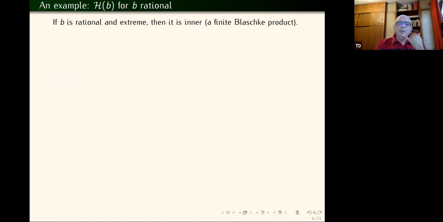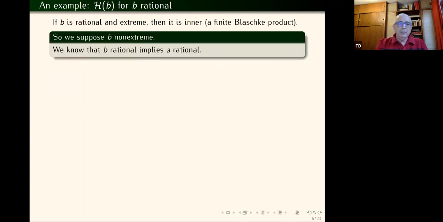In case B is rational and extreme, then things are quite trivial. Well, not trivial, but they reduce to model spaces because a rational extreme function is inner. It's a finite Blaschke product, and we know lots of things about these spaces. So we have to consider B non-extreme, and we know that in this case, B rational implies A rational.